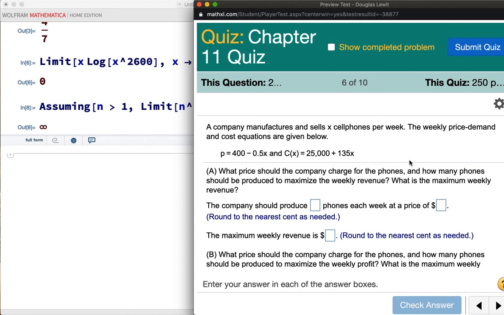The cost of x is 25,000 plus 135 times x. What price should the company charge for the phones, and how many phones should be produced to maximize the weekly revenue? What is the maximum weekly revenue?